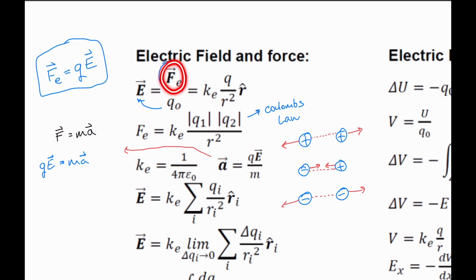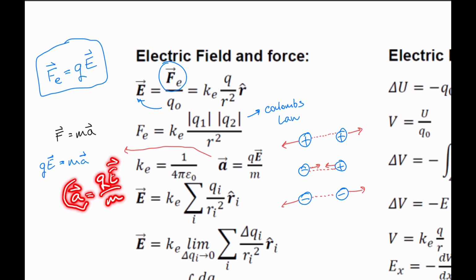It feels a force due to the electric field, and that will create an acceleration due to Newton's second law. So that's what this here is telling you. If you want to find the acceleration of a particle with mass M and charge Q in an electric field, you can just divide by this M over here, and you get this equation. A is equal to QE over M. And these are vector quantities.